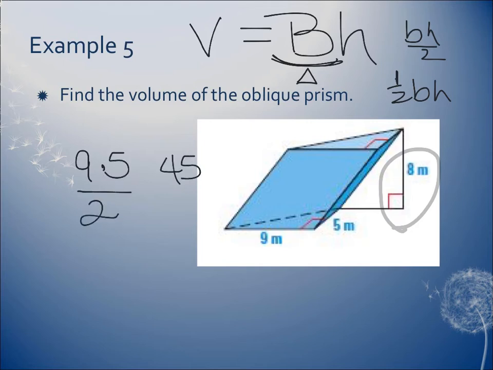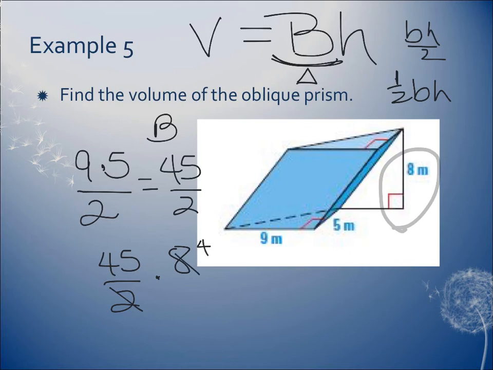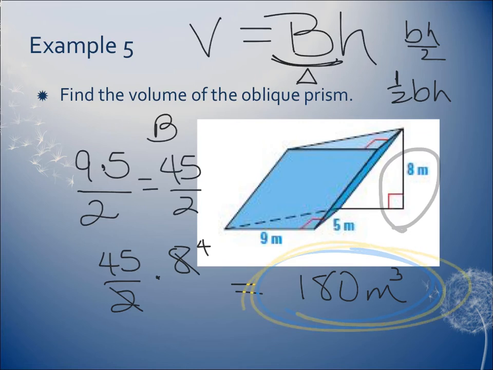So 45 over 2 is the area of my base, or my capital B. And then multiply that by the height, which is 8. I'm going to simplify this and make this 4. And now 45 times 4 is 180 meters cubed. So that would be the volume of this oblique prism.